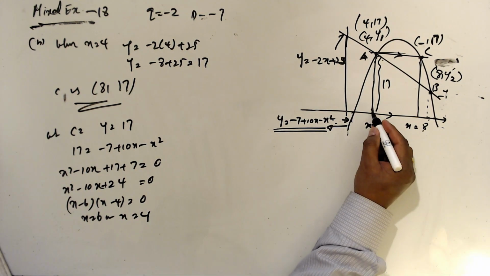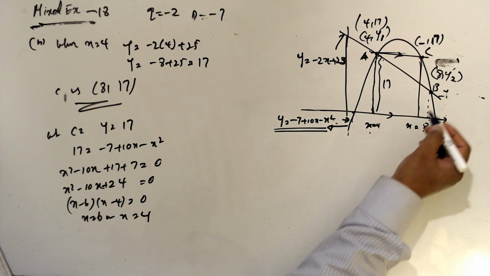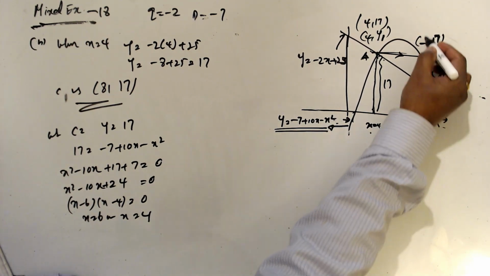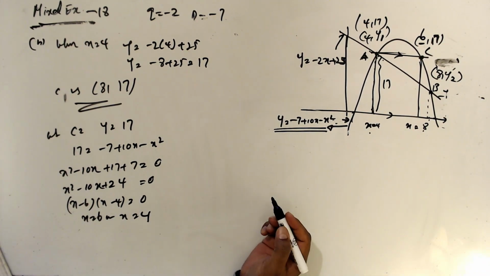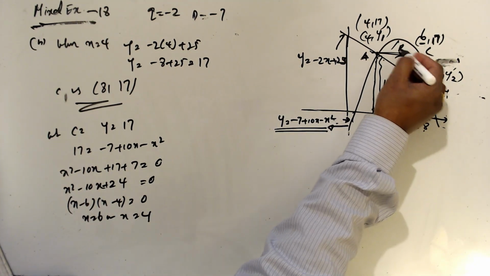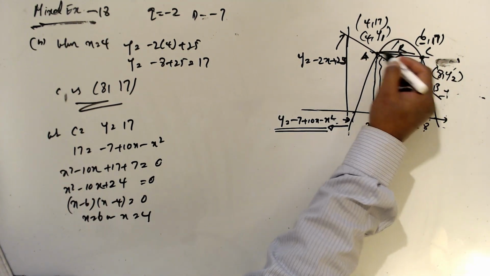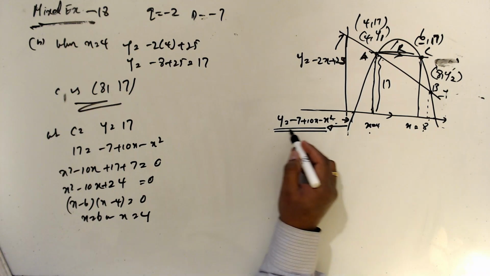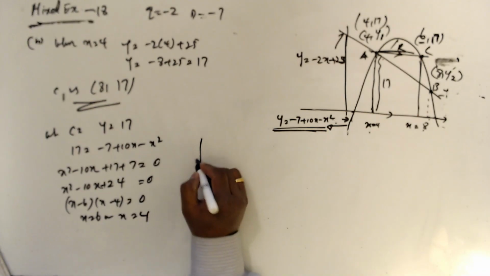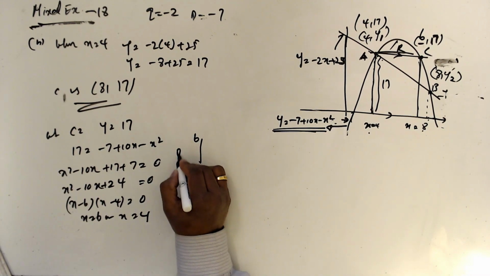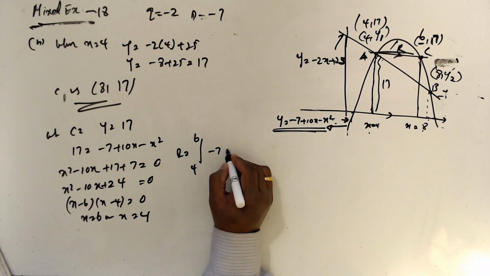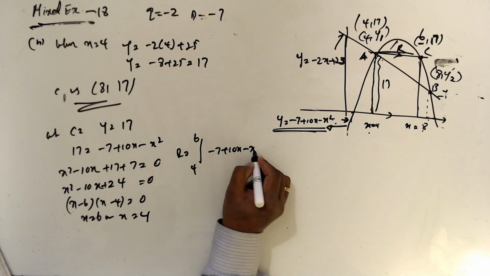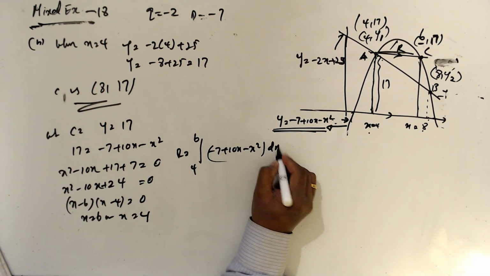So this is 4, we already know. Then this point is going to be 6. Then we need to find this region R. We have to integrate from 4 to 6 along this curve, so we integrate minus 7 plus 10x minus x square dx.